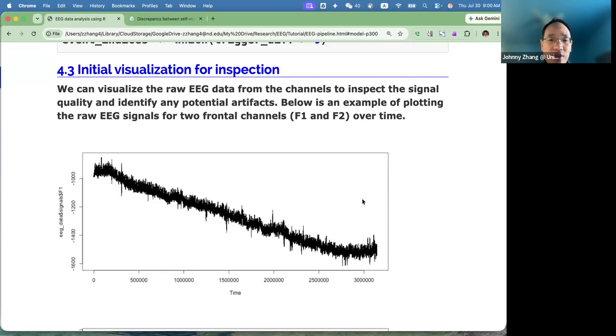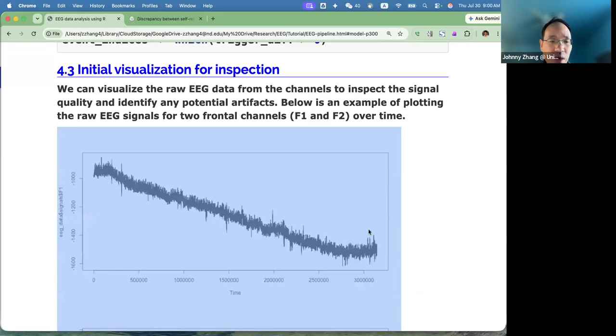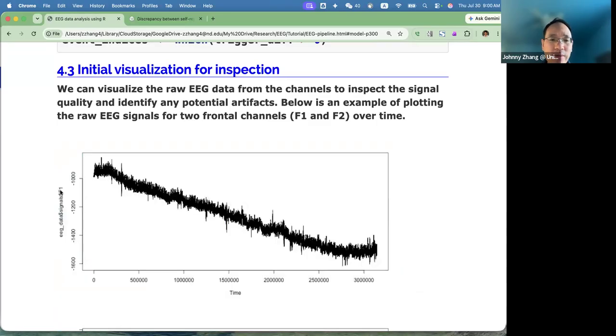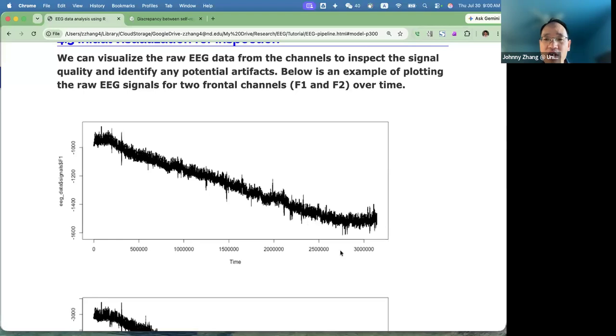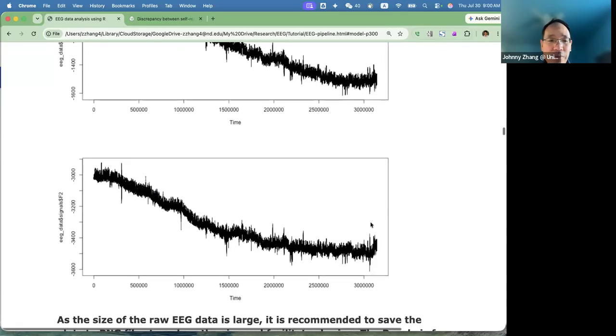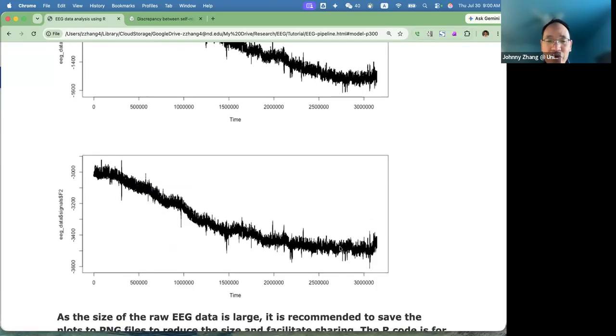For example, this is a time series plot of channel F1. We can see there's a downward drift here, and this often indicates some signal drift. We'll talk about that later. So this is the plot of F2.